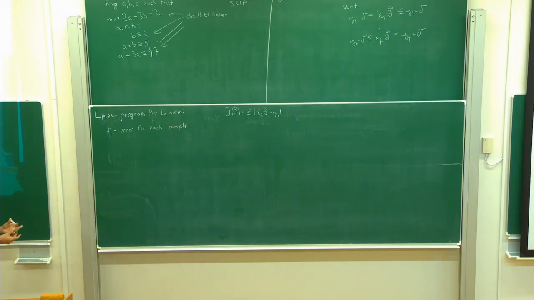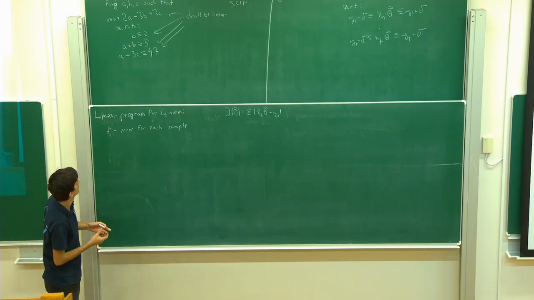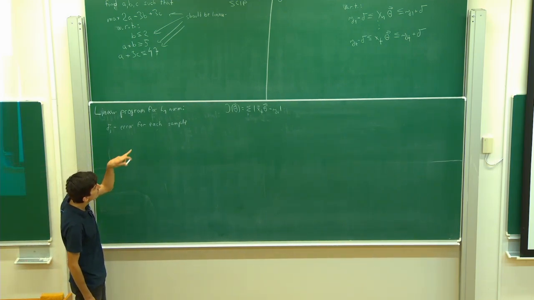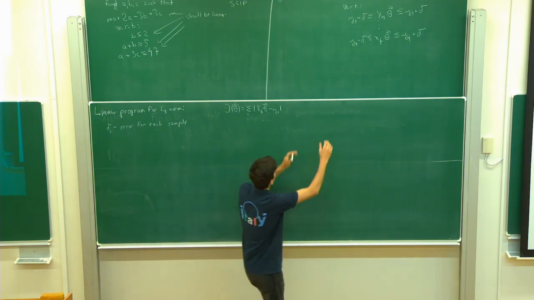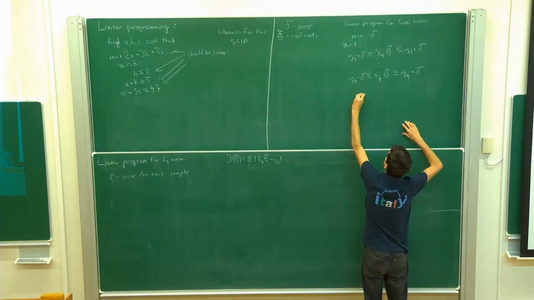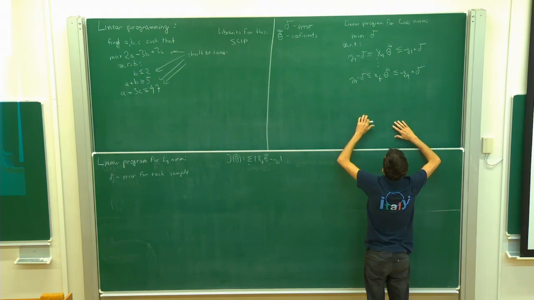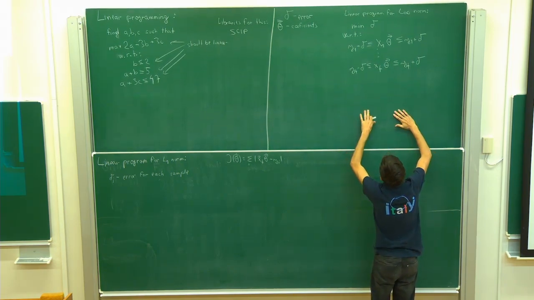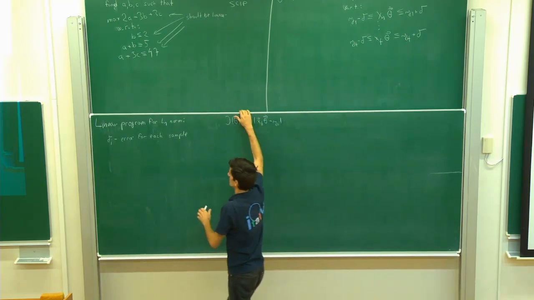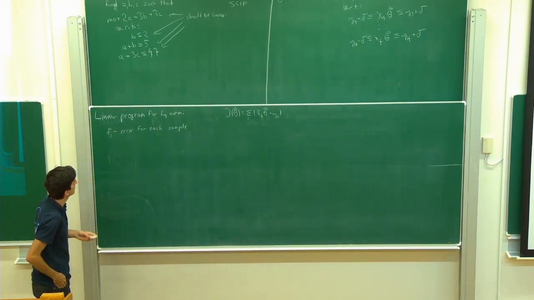It is like another variable, and it's a positive number. That's something we will have to put in here as well. Okay, so this is the error for an example.